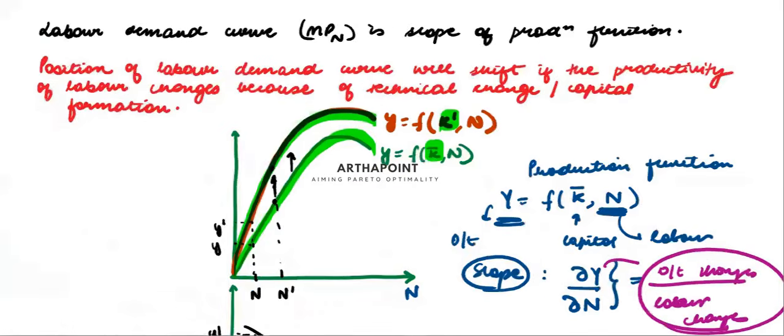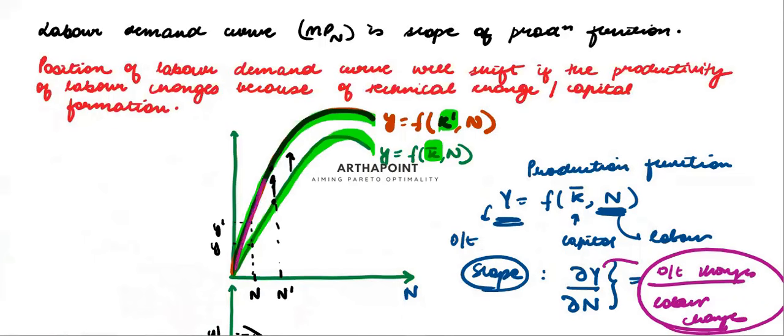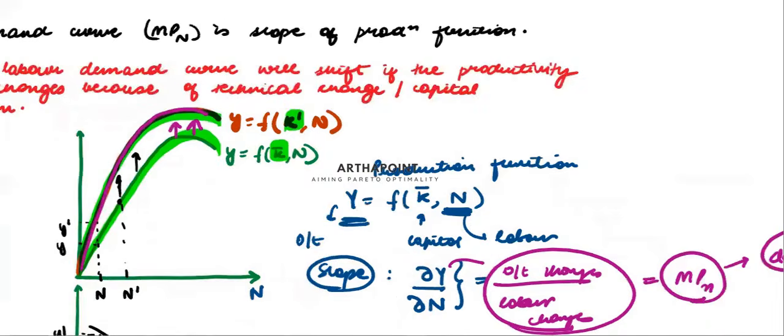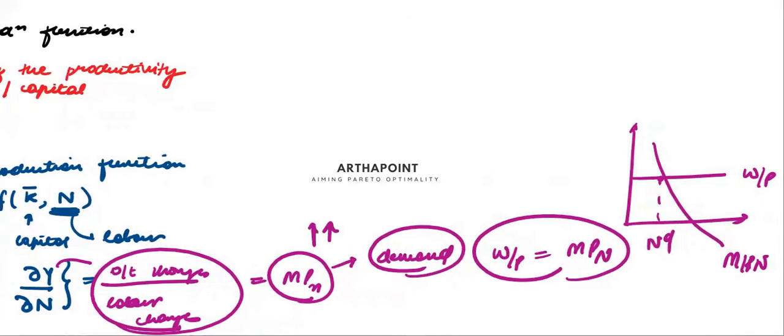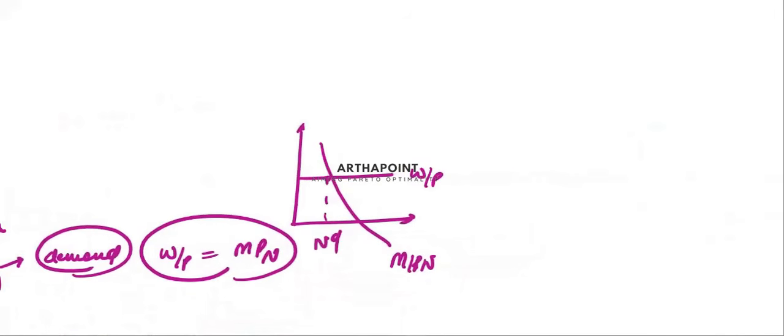Now just think about this. When the output function shifts upwards, then it affects the marginal product of labor. This also increases. If this increases, this will shift upwards. So this means that there will be increase in the demand of labor.